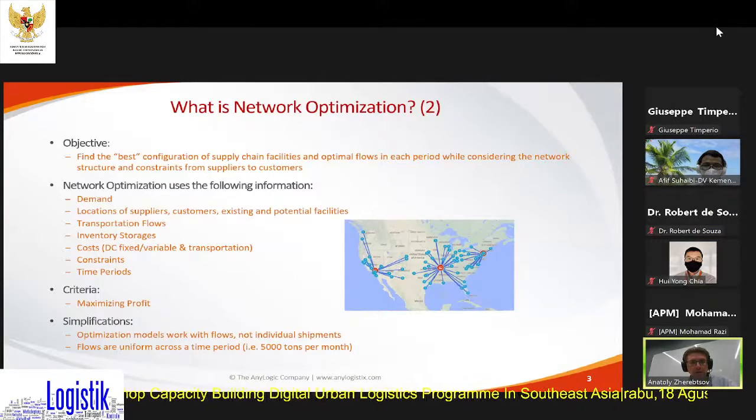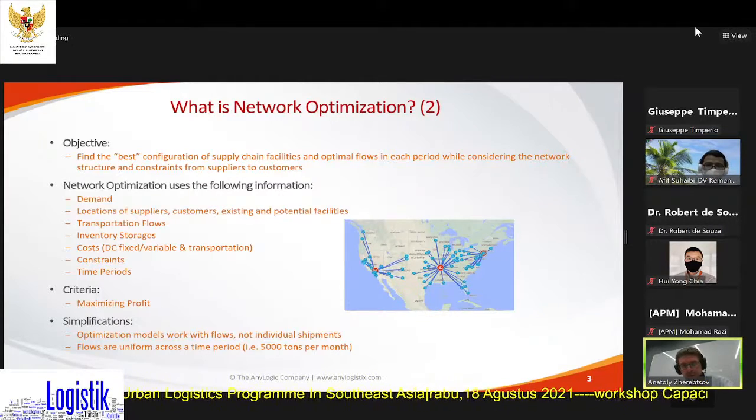As I already said, the straightforward goal is to maximize profit, although it's not the only option, because sometimes you do not consider revenue at all and your goal is to minimize cost. It may be even more sophisticated.